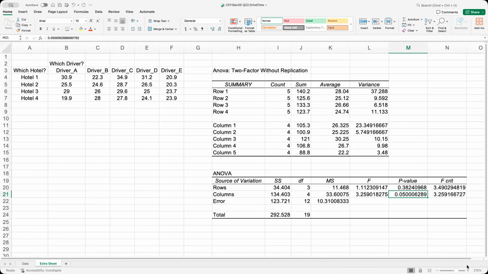That column 3 average is 30.25, and the others are 25, 20, and another at 22. So there are 3 in the middle and then one outlier above and one outlier below. So I might not be able to say that overall my driver choice doesn't matter. Driver C versus driver E, those are the ones that are going to matter. 22 to 30 is a pretty big window on average.